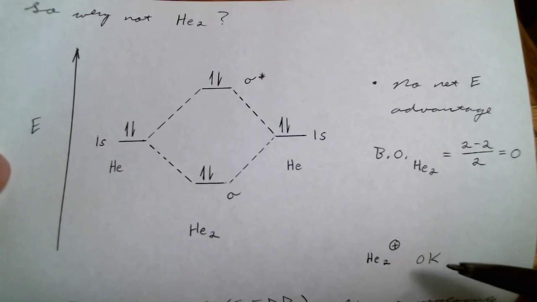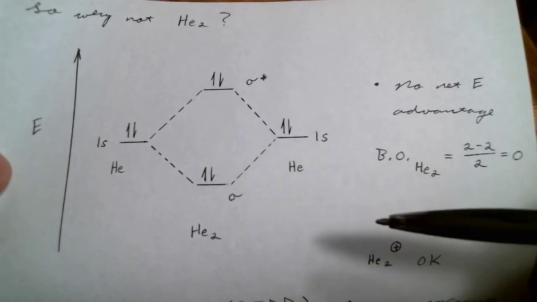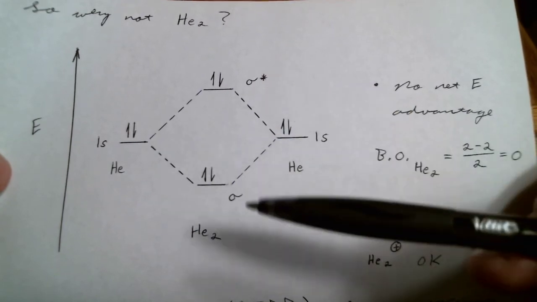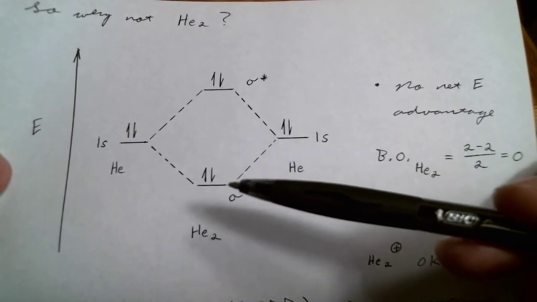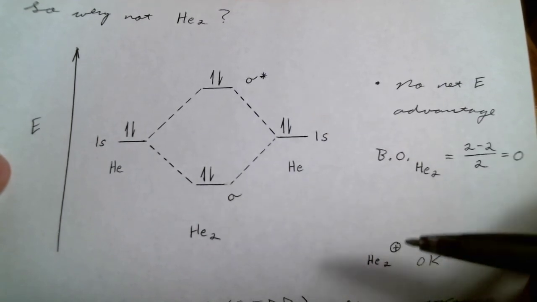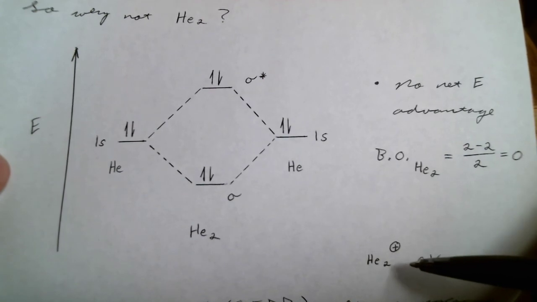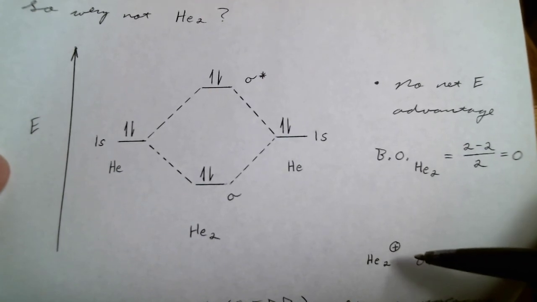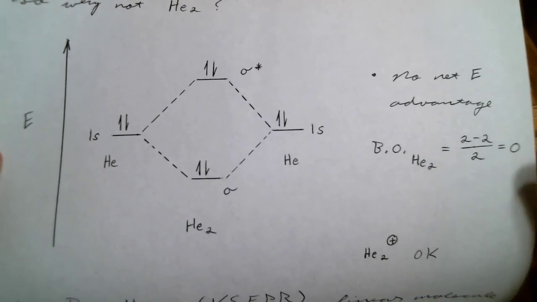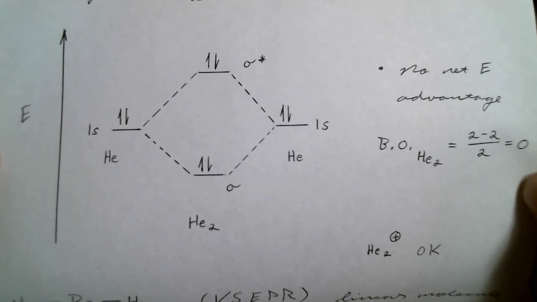And this is okay, because we've only given 3 electrons to the molecular orbital diagram. So we'd have 2 electrons in a bonding molecular orbital and only 1 in the anti-bonding. So the bond order for the diatomic helium cation would be 1/2. So not a very strong bond, but it still sticks together, definitely long enough for us to see it in a mass spectrum.